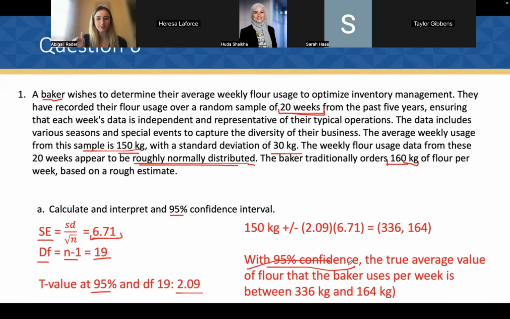It's just with 95% confidence, the true average value, or if it's a difference, the true difference between these two means, is between the lower confidence bound and the upper confidence bound. Make sense? Cool. Also include units. You're not going to get the whole question wrong if you don't include units, but you might get a few points off.